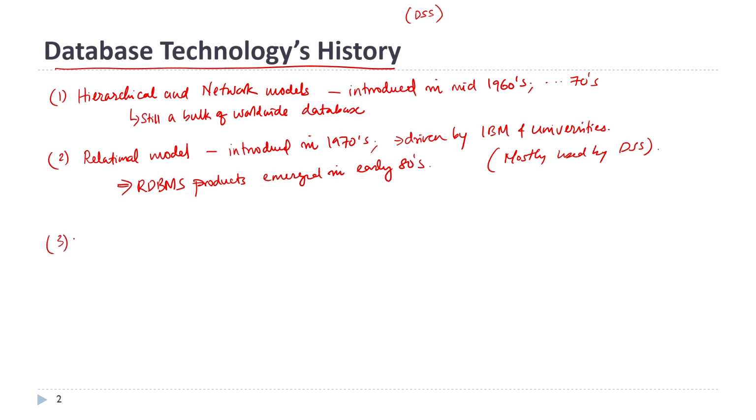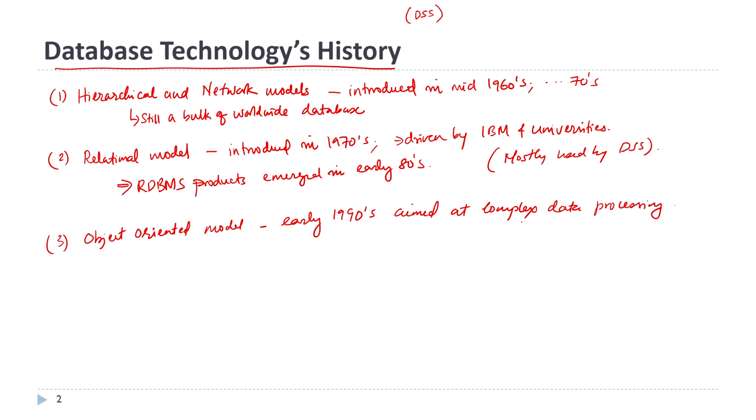Then comes the third one, the object oriented model. You can call it early 90s, aimed at complex data processing, like CAD, computer aided design, and GIS, geographic information system.